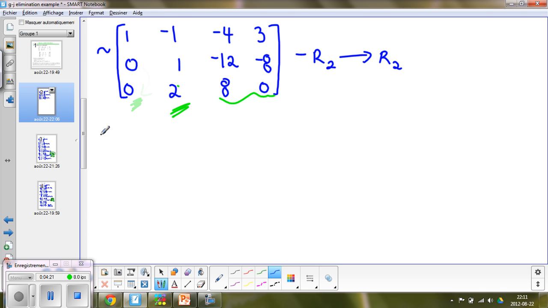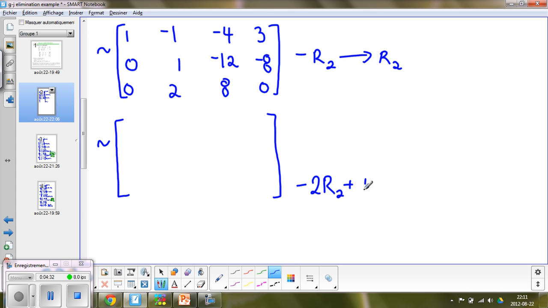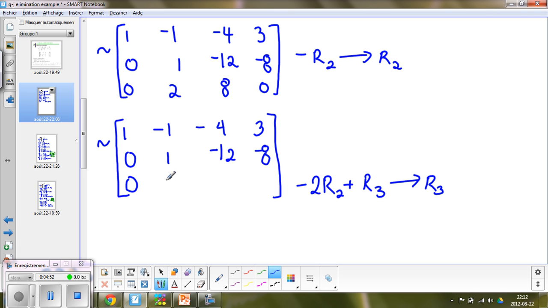So what we'll be doing is -2 times row 2 plus row 3. That's our new row 3. So not changing the first row, keeping the second row the same as well, just changing the last one, but we did say this number won't change.